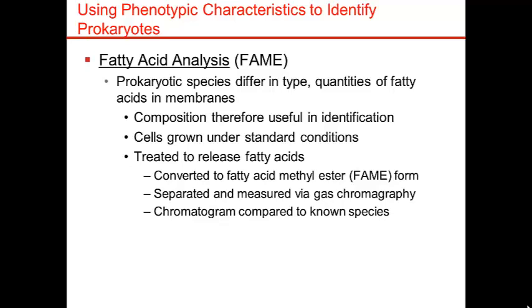To perform FAME analysis, a bacterial culture is taken and the fatty acids are extracted and chemically converted to methyl esters. The volatile derivatives are then introduced into a gas chromatograph, and the pattern of the peaks helps to identify the organism. This is widely used in characterizing new species of bacteria and is useful for identifying pathogenic strains.